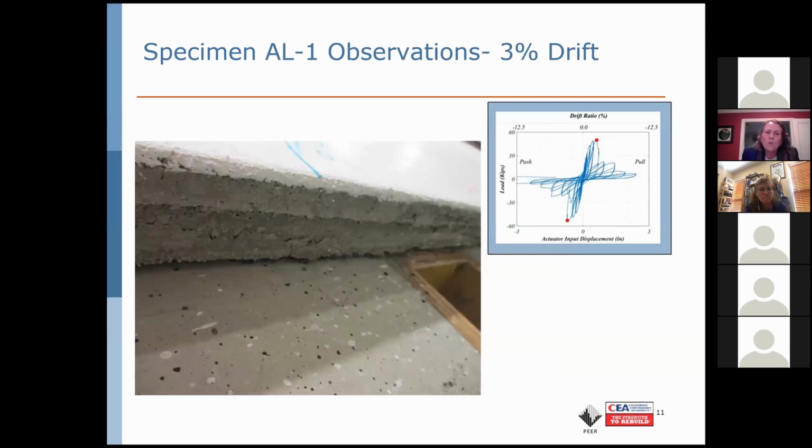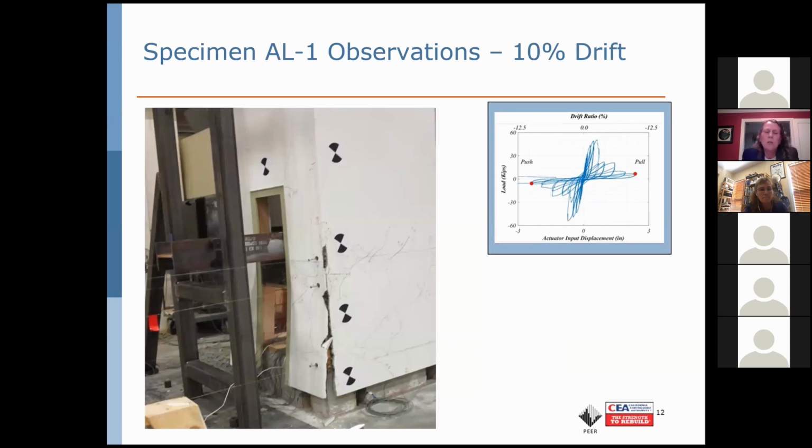At 3% drift, the stucco that was run down the foundation popped. There was a large popping noise, and suddenly we could push a card up between the foundation and the stucco above. After that point, the capacity started to step down fairly significantly.